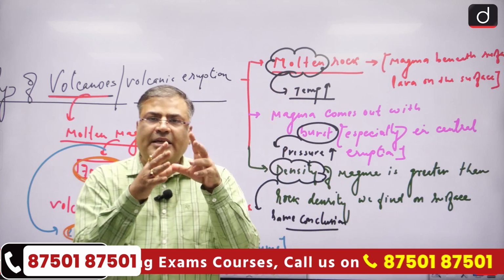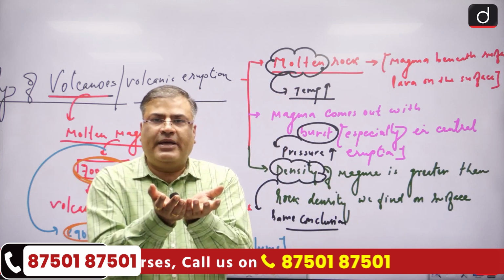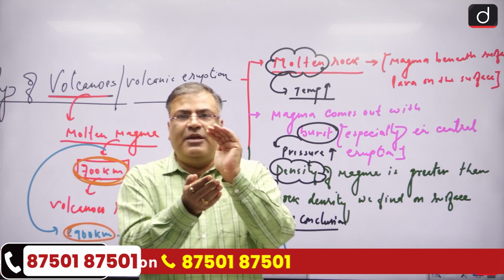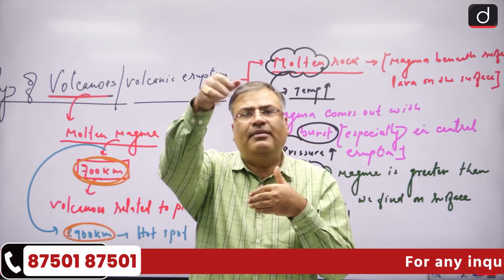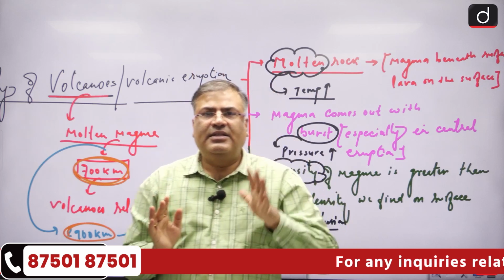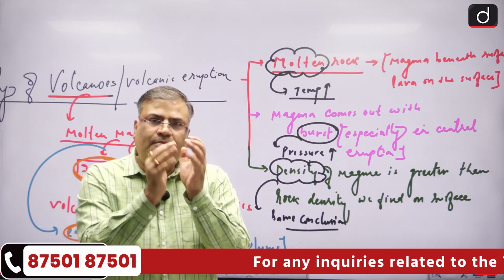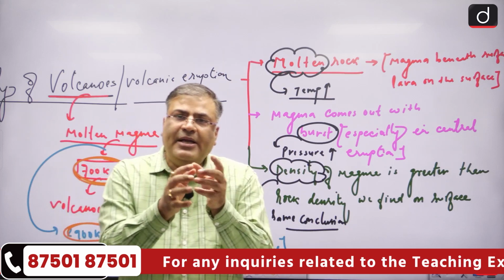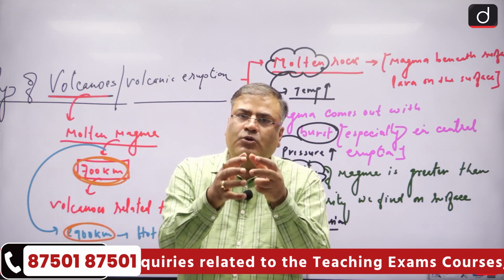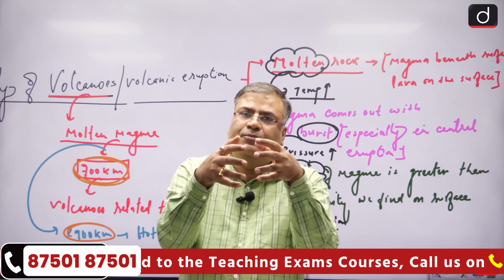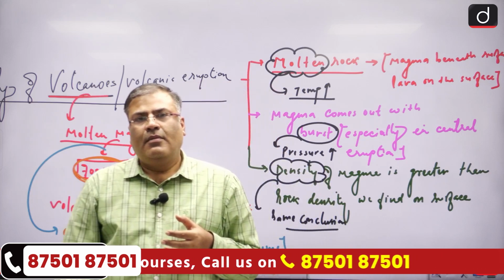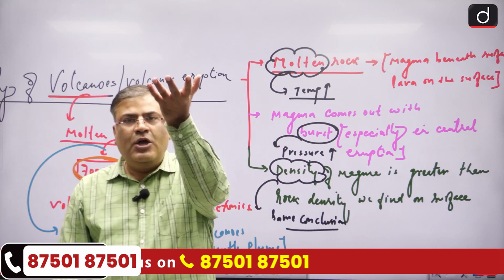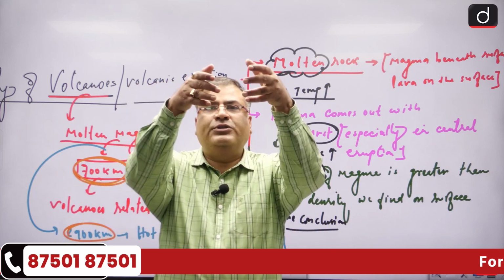It is also being formed continuously, because the rocks of the nearby region are melting down due to XYZ reason. We will discuss later on. So if it is melting down, that melting rock will get the same chemical composition the surrounding rocks have. And it is not coming through a closed system.